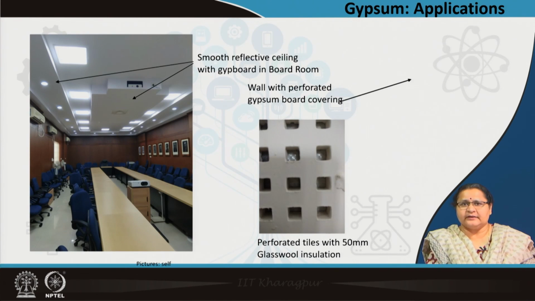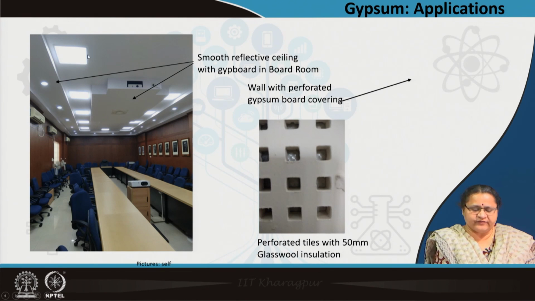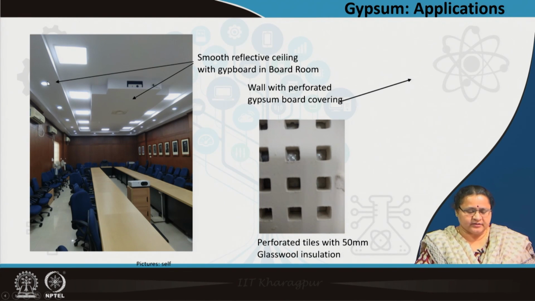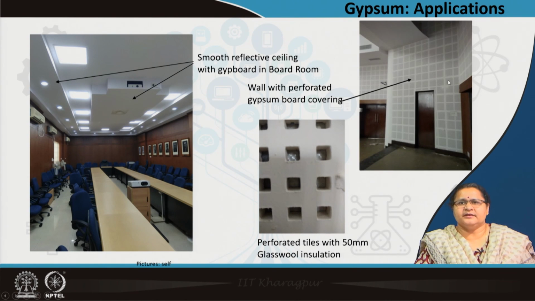We see other applications as sound insulator. We see that smooth reflective ceiling inside a boardroom. What you see here is because of gypsum. You see here the perforated gypsum board covering the thermal insulator. You can see a very closer picture here. You can see the insulation inside through these perforated boards.